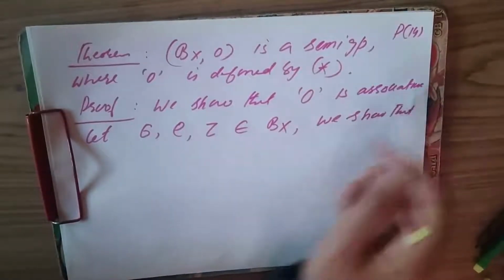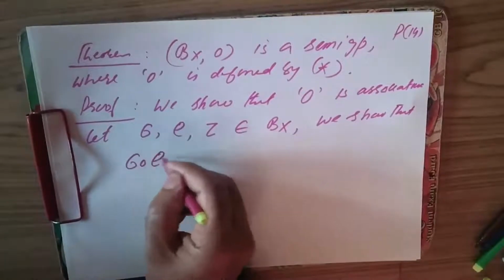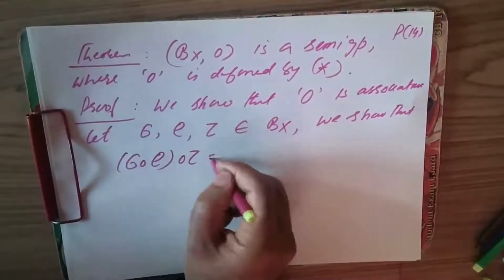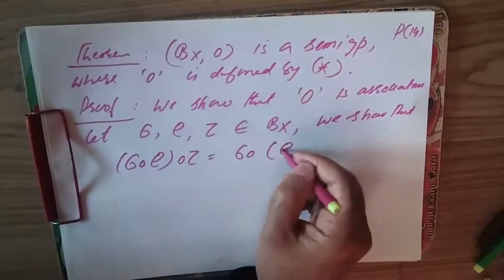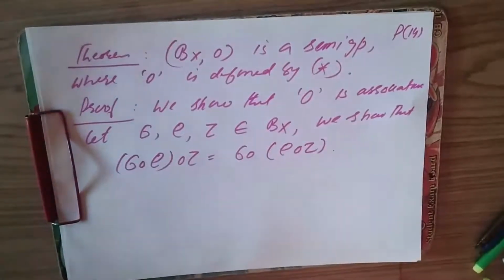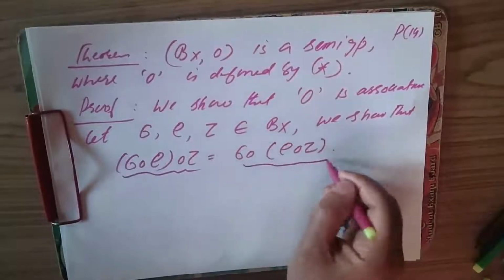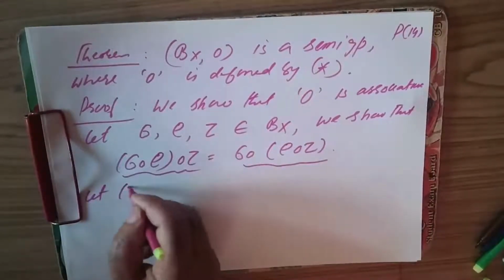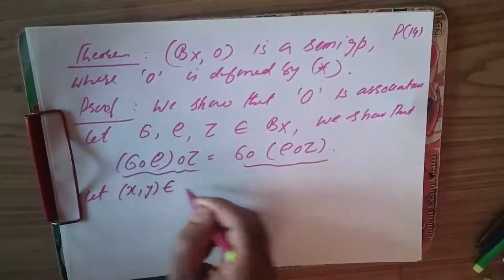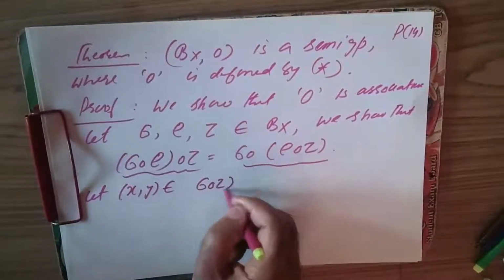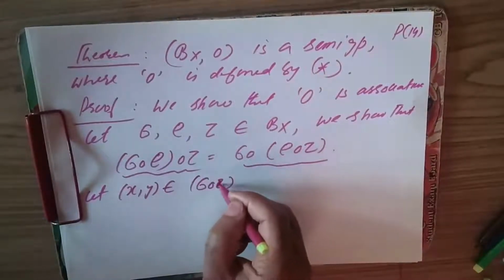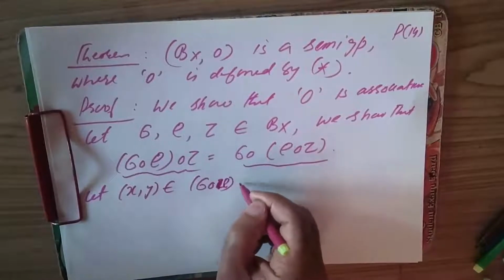We show that (sigma composition rho) composition tau is the same as sigma composition (rho composition tau). Because they are sets, let's choose an element here. Let (x, y) belong to (sigma composition rho) composition tau.